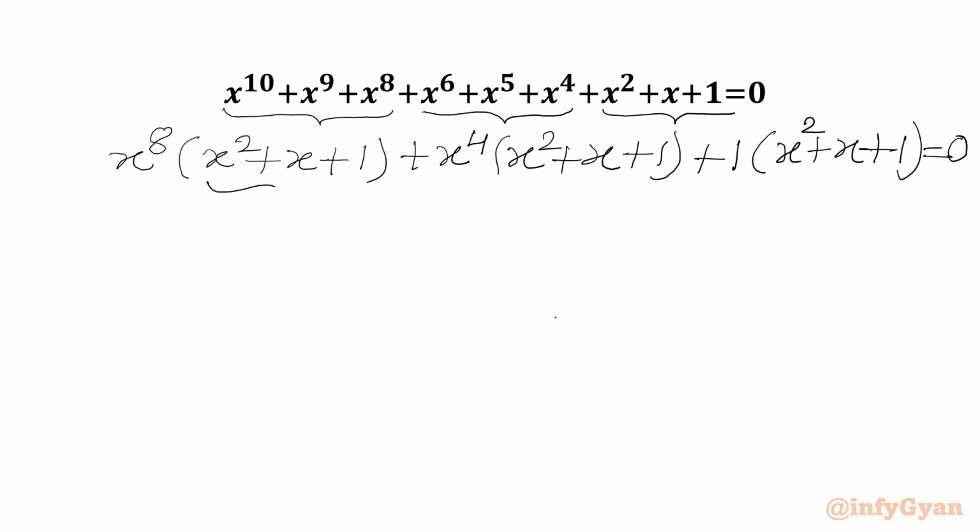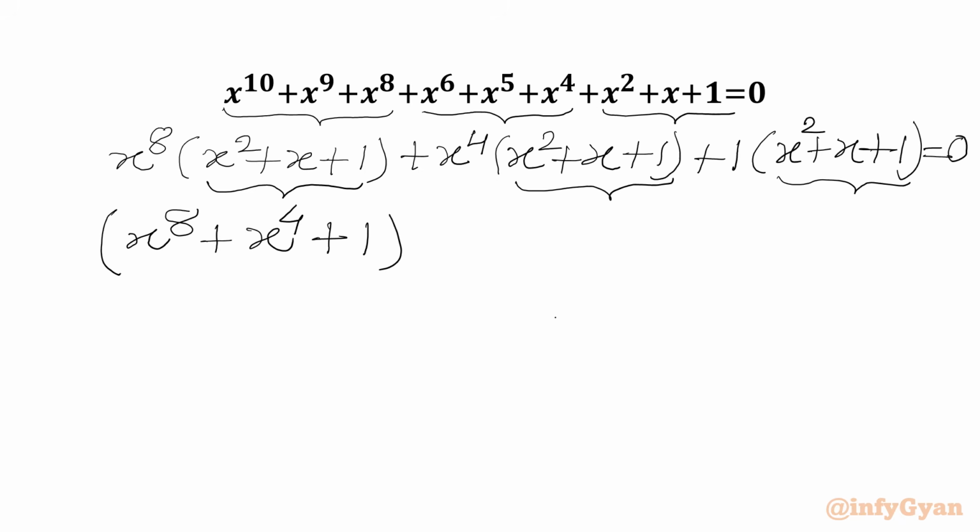Now we have x square plus x plus 1 common over all. So we will get x power 8 plus x power 4 plus 1 in one bracket times x square plus x plus 1. This product equal to 0.